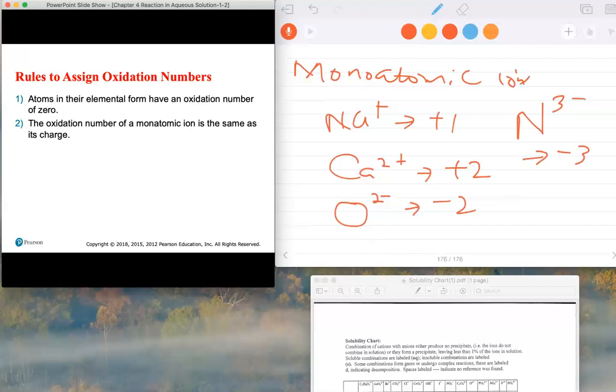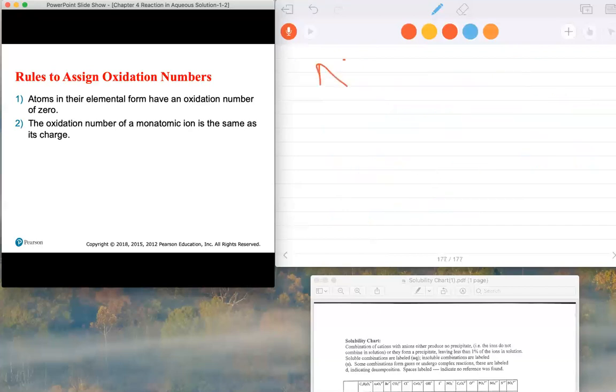Let me give you an example here. Sodium, and sodium chloride. If you look at these two examples, I know this is an element, it's by itself, but this is a compound, and I will assign the oxidation state based on the formula, based on the ionic charge in writing the correct formula for an ionic compound.